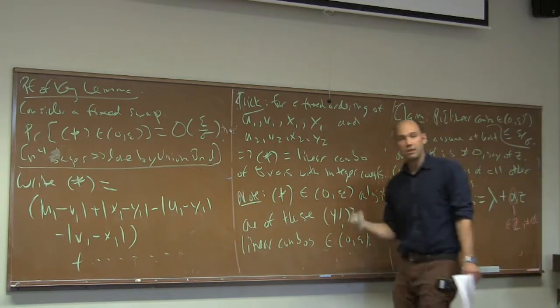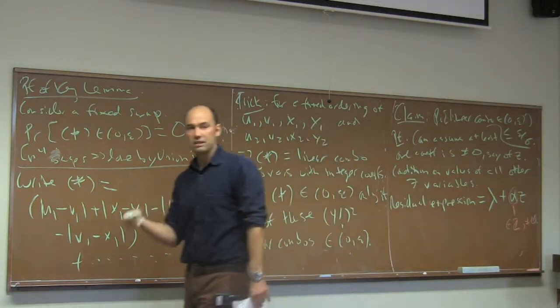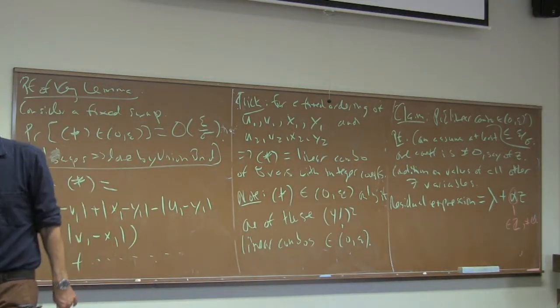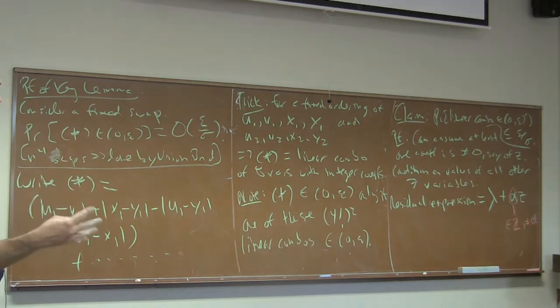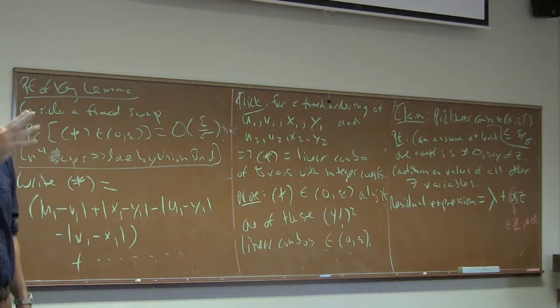Remember, the only thing that remains random is Z. The other 7 variables have been instantiated, so we just have something like 5 plus 2 times Z. And we're worried about the probability this thing lies in the interval 0 to epsilon.